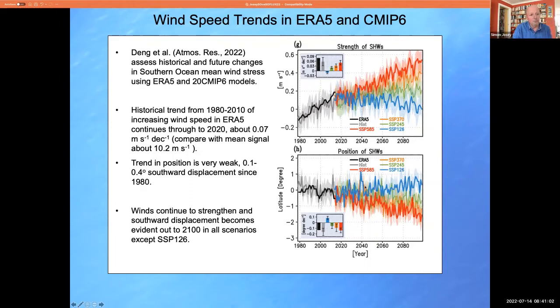Yes. So okay, I'll talk about this slide for just one second, if you can see my cursor. If you look at the location and take the strongest scenario, the 585, then right out at 2100, they have moved south, but even in that incredibly strong scenario over 100 years, they've moved south by only about 1.5 degrees, which is not a massive displacement.